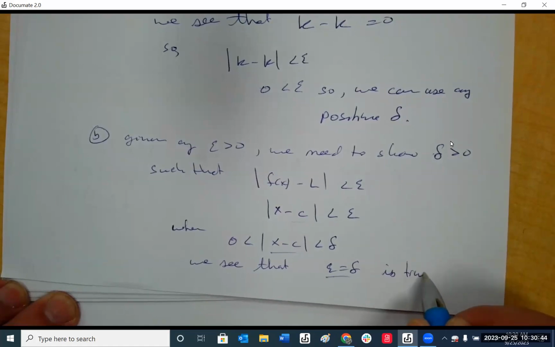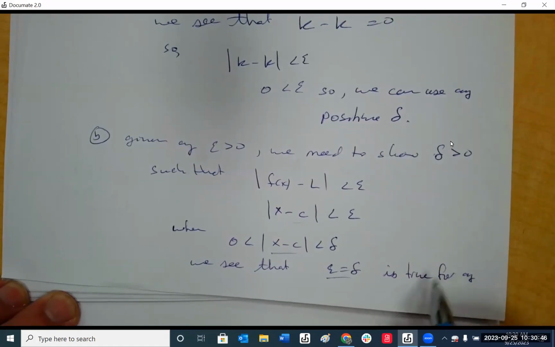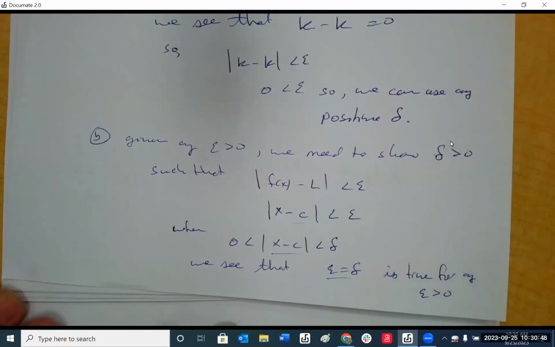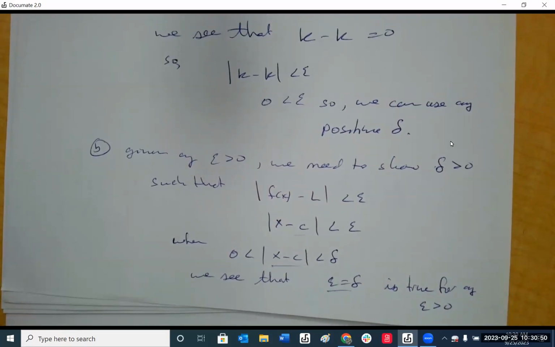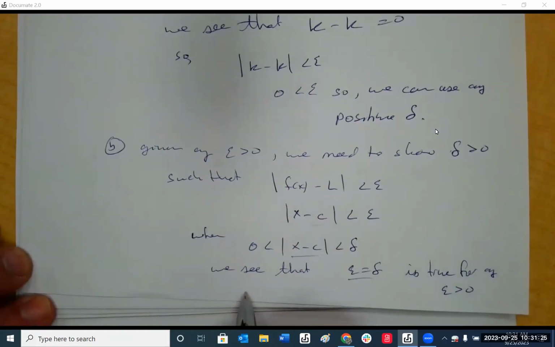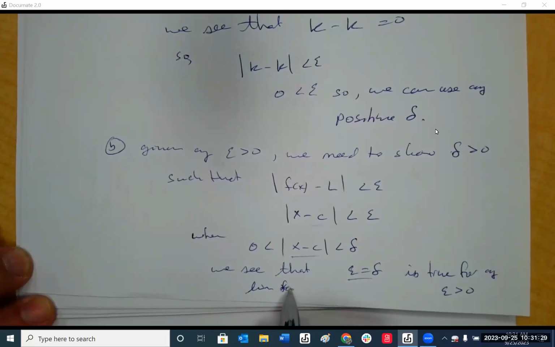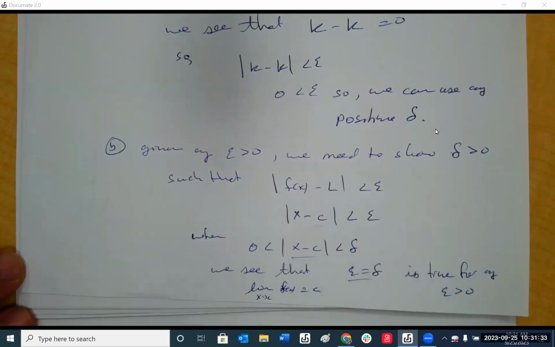This is true for any epsilon greater than 0. So again, that shows us that the limit of f of x as x approaches c is equal to c for any value x.